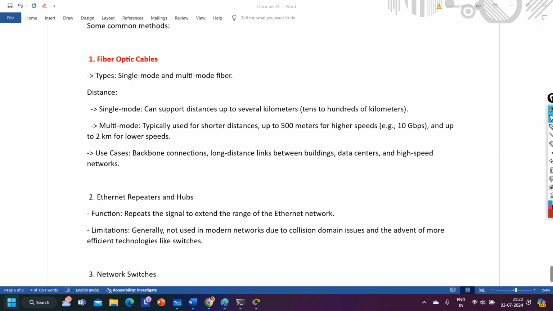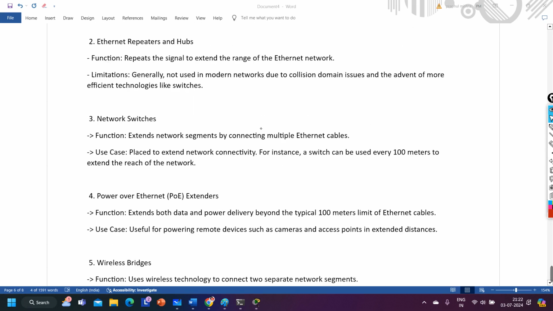Then the second option is, guys, this is the best option, the first one, but still we need to discuss another option as well, right? Because optical fiber is costly. So Ethernet repeater and hub, you can use. Hub here, right?